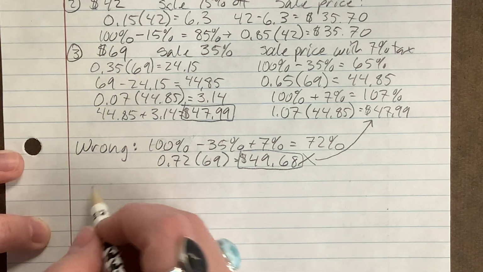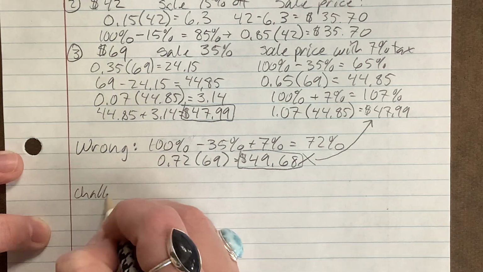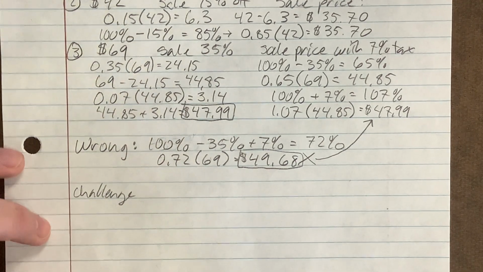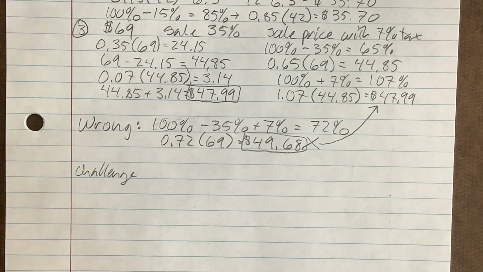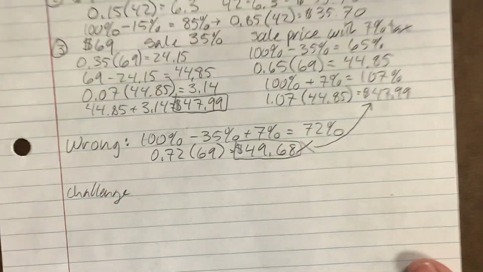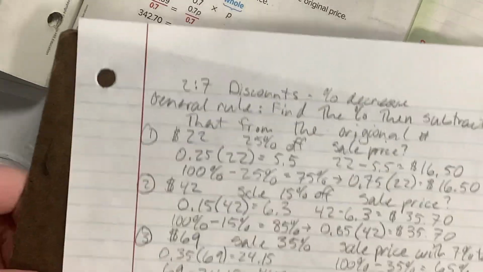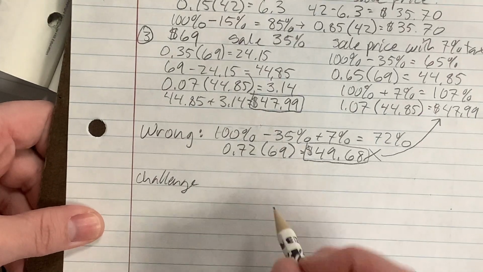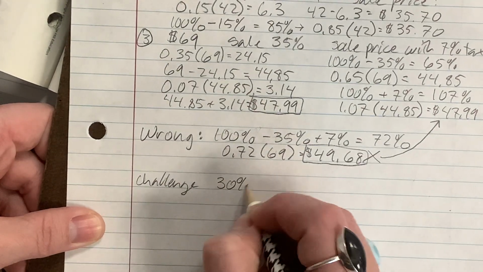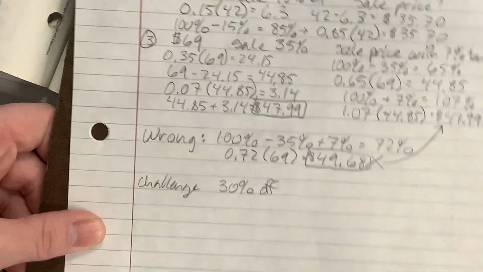All right, now here's the challenge. You have to pay attention to whether it's giving you the sale price or the regular price. So I'm going to flip my page so that I can read you the story. The story problem says this cell phone is on sale for 30% off. Okay, so 30% off.